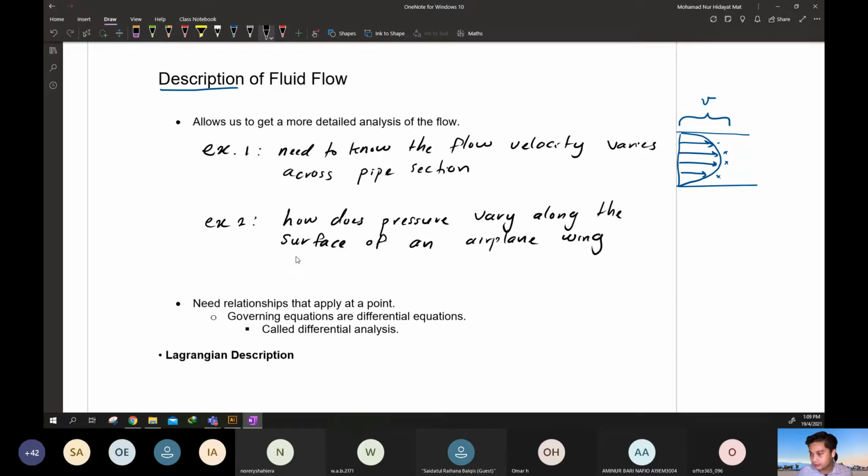Okay, this is more on the aerofoil. For example, we have the aerofoil shape of the wing. This is the wing of the airplane. So the pressure will vary from here. We have a different kind of pressure distribution.